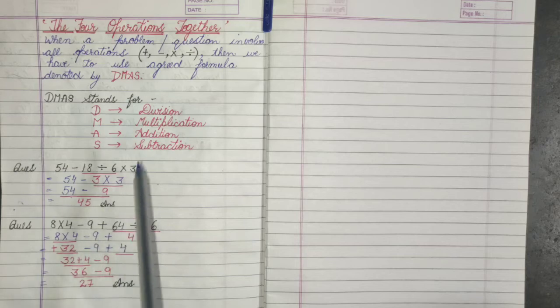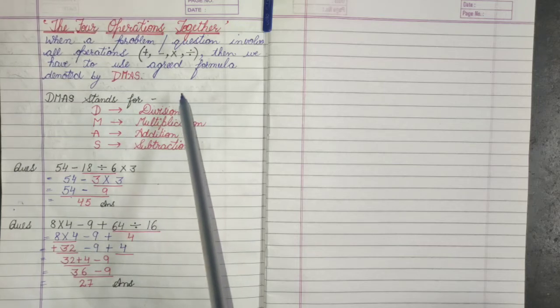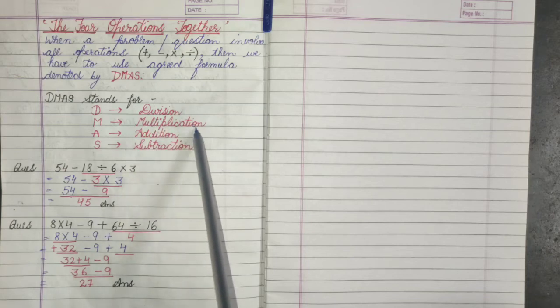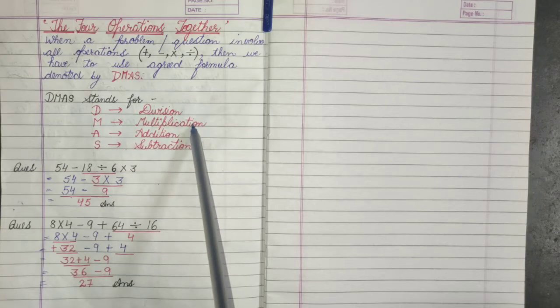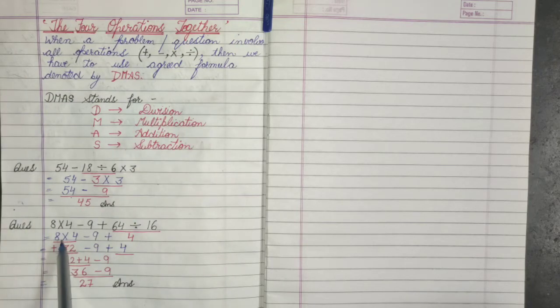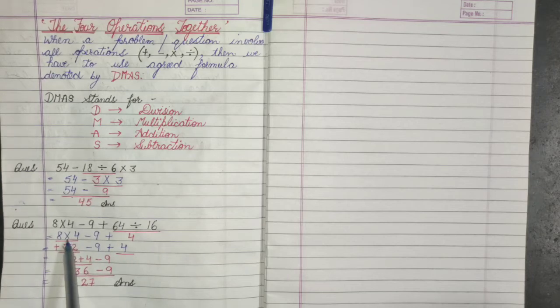Now the first step is clear, that is division. Our second step is the multiplication. To do the multiplication, we have to underline those numbers which are involved in multiplication. Yes, you can see here 8 and 4 are involved in multiplication. So we will underline them.